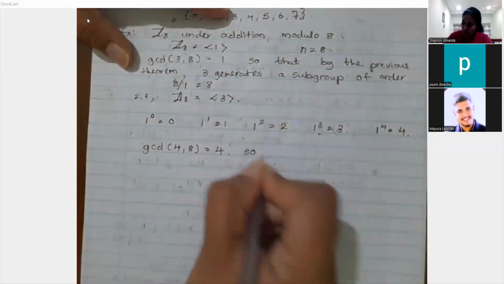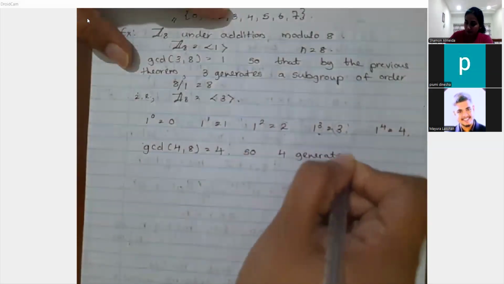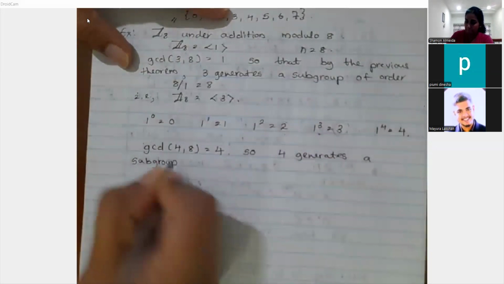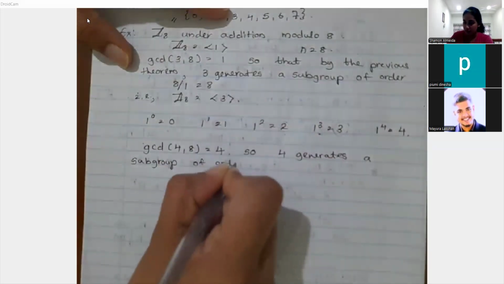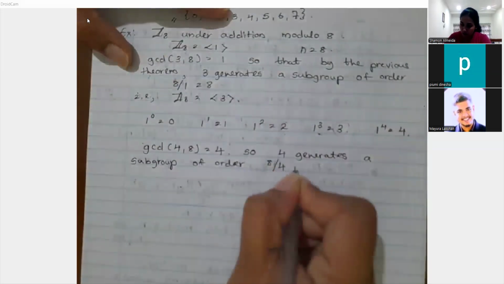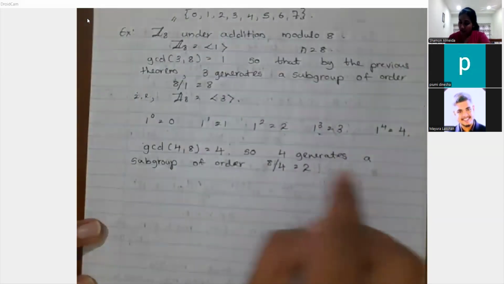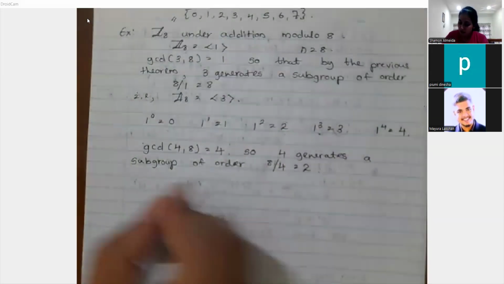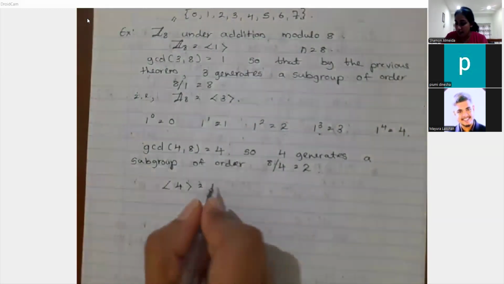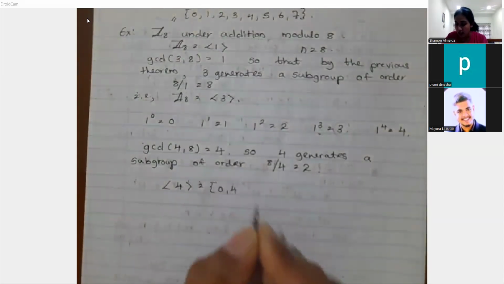So 4 generates a subgroup of order n, which is 8, over d. D is 4. This is 2. So 4 generates a subgroup of order 2. That means this subgroup can have only 2 elements. It definitely has 4 raised to the power of 0, which is the identity, and then 4. These are the only 2 elements.